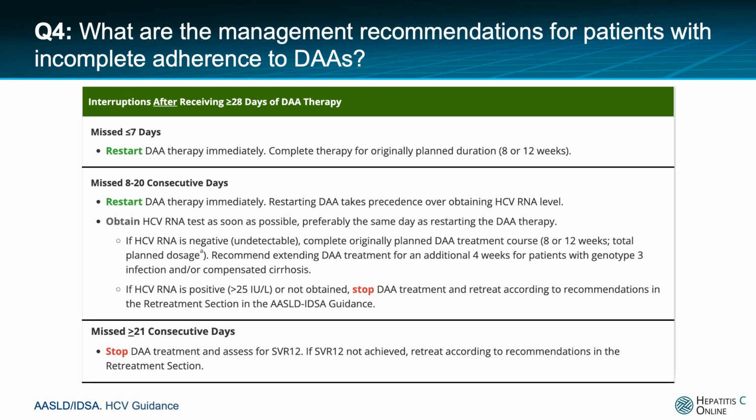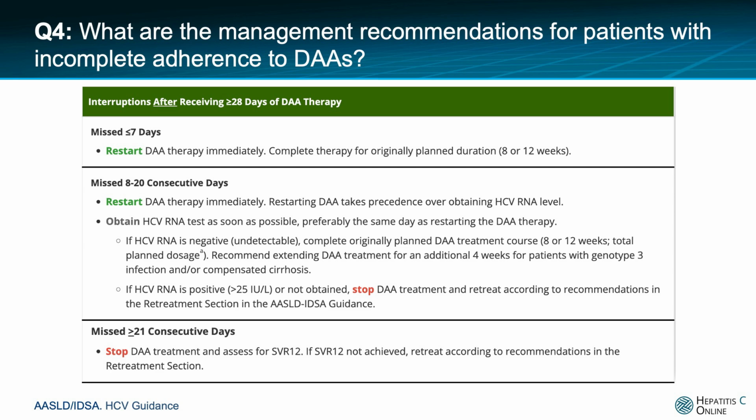In patients who miss 8 to 20 consecutive days, the recommendation is to restart therapy immediately and obtain an RNA as soon as possible, ideally concurrently with restarting treatment. If the hepatitis C RNA is negative, most patients can complete their originally planned DAA treatment course. However, those with genotype 3 and/or compensated cirrhosis should extend their treatment course by 4 weeks.